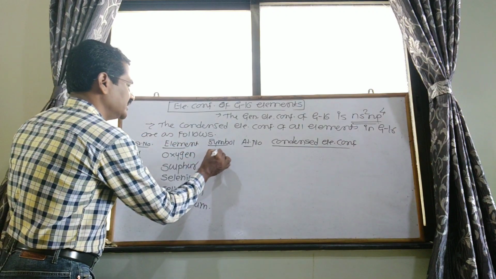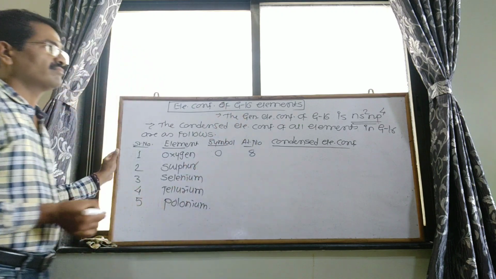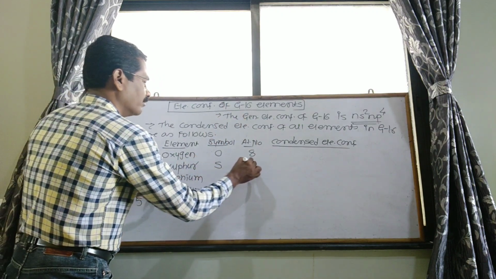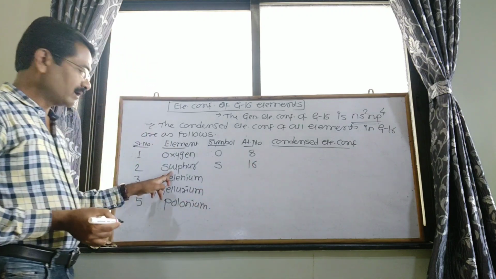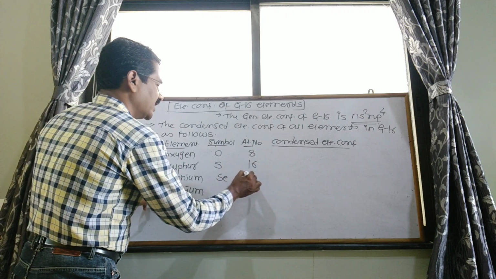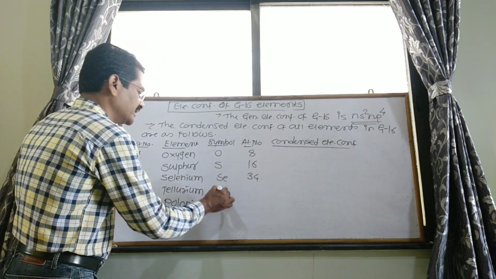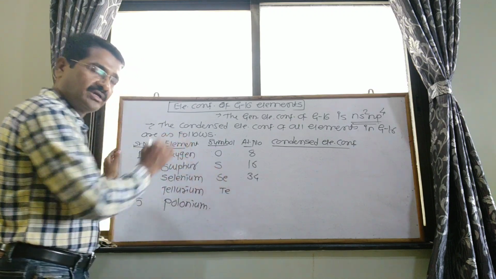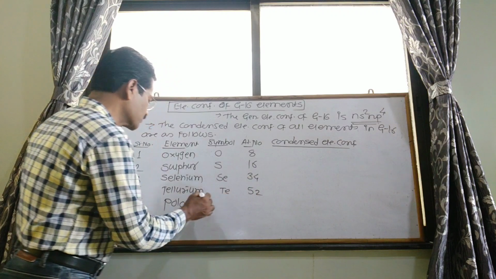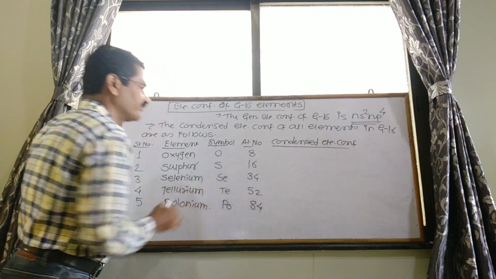Symbol of oxygen is O, atomic number is 8. Then sulfur, atomic number is 16. Third, selenium, symbol is Se, atomic number 34. Tellurium, symbol Te, 52. And the last one is polonium, Po, 84.